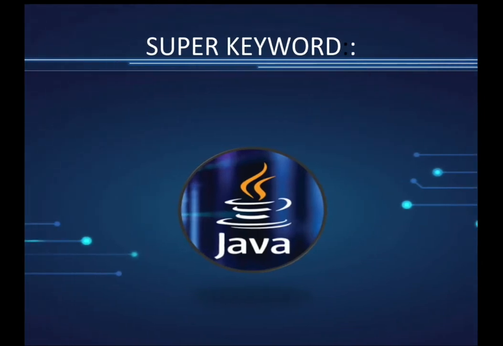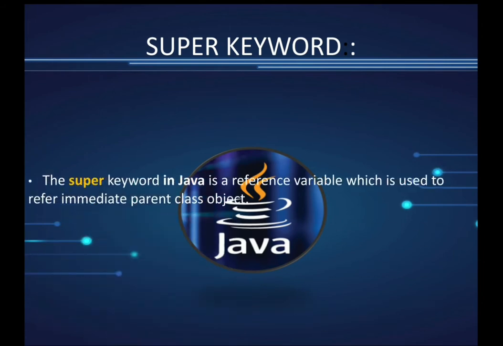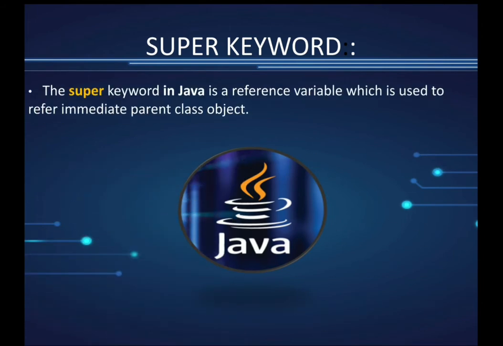Now, the concept of the super keyword. I told you earlier about the super keyword in my previous video, but again for revision purposes, a super keyword in Java is a reference variable which is used to refer to an immediate parent class object.